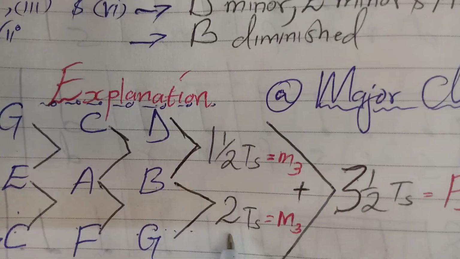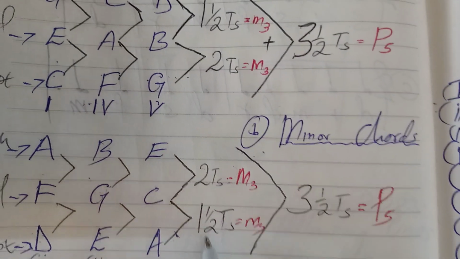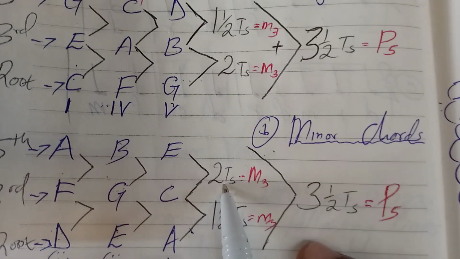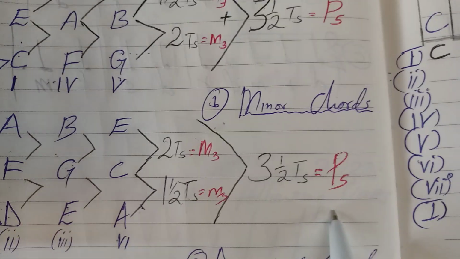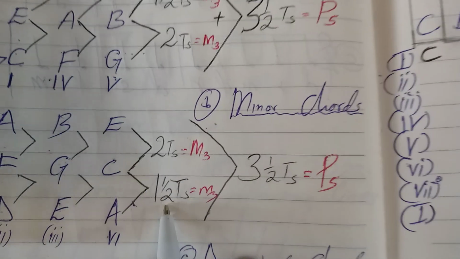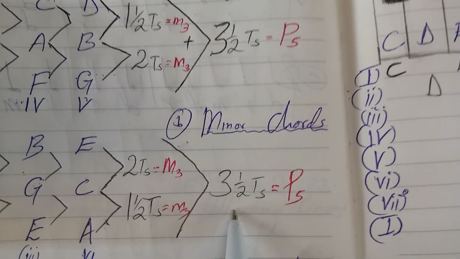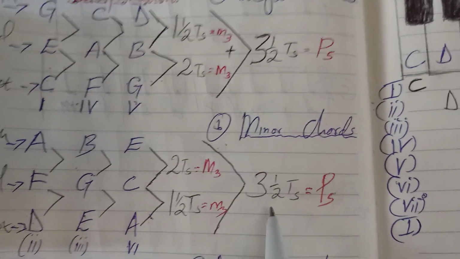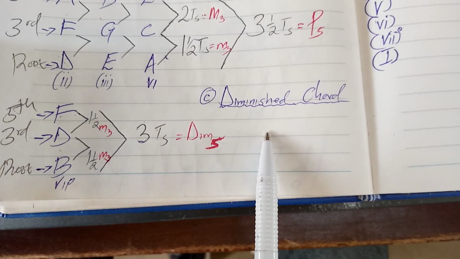So for major, we had 1.5 tones on the upper third, but for minor, we have 2 tones on the upper third. That gives us a minor chord. And still we have a perfect fifth, because 2 plus 1.5 give us 3.5 tones or 7 semitones. Yeah, a perfect fifth has 7 semitones.